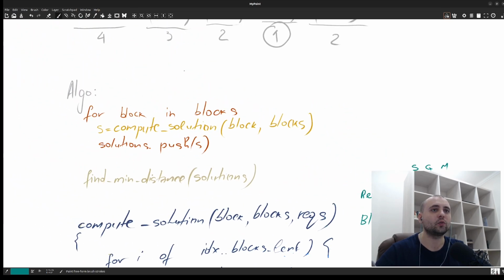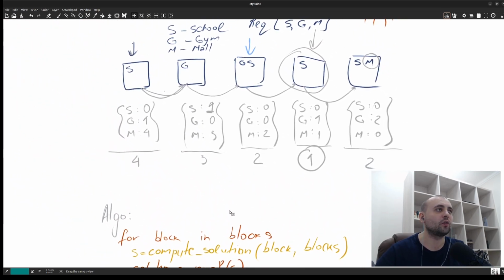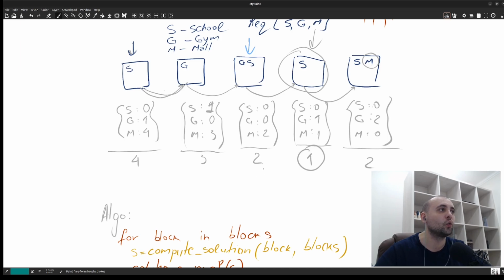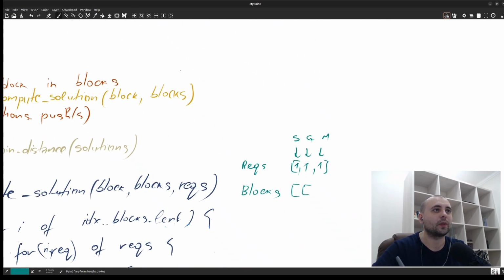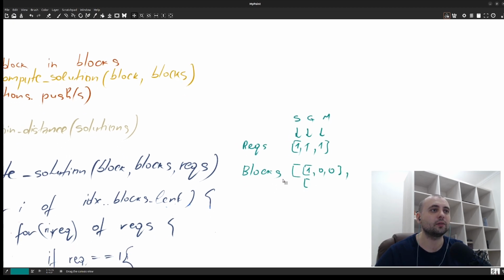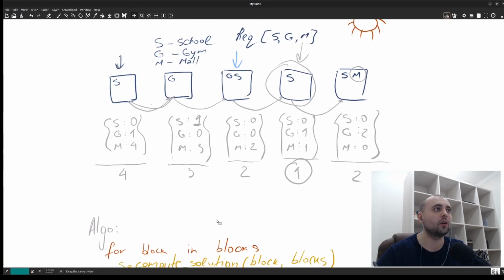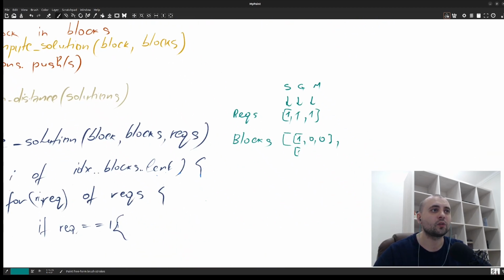So let's write down a couple of them. For example, for the first block, we'll have the school and pretty much it. So this means we'll write 1, and for the gym and the mall, we'll write 0, 0. So this will be our first block. So let's write down the second block. The second block, we know it's just the gym part. So it will be a 0, and the gym will be the second position. So I guess you understood the idea behind it.